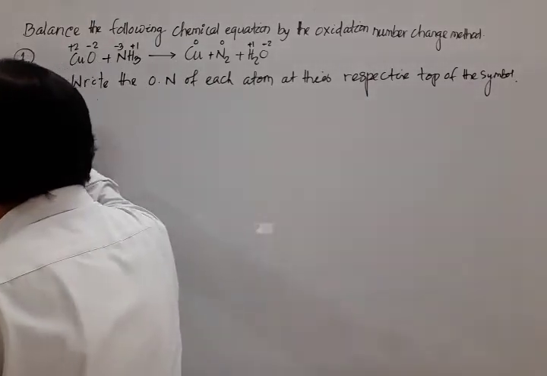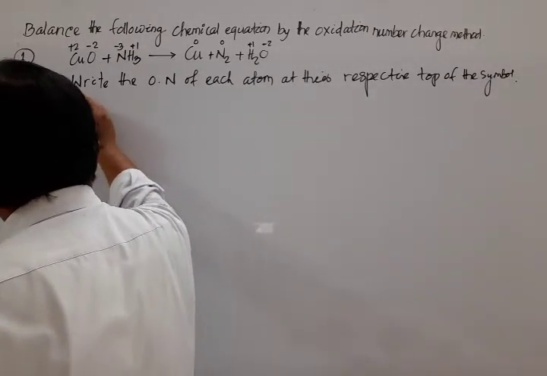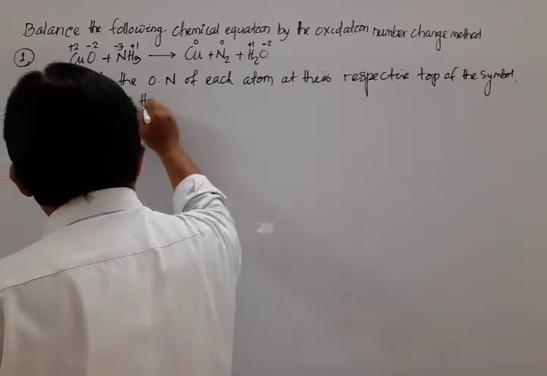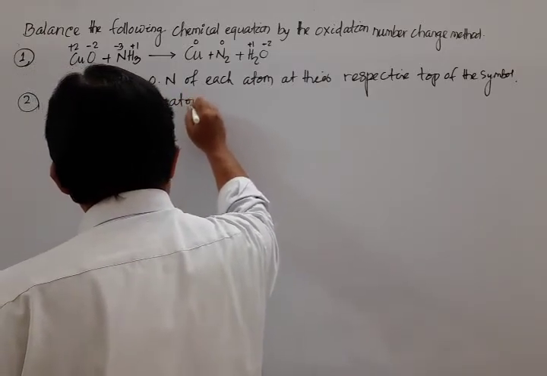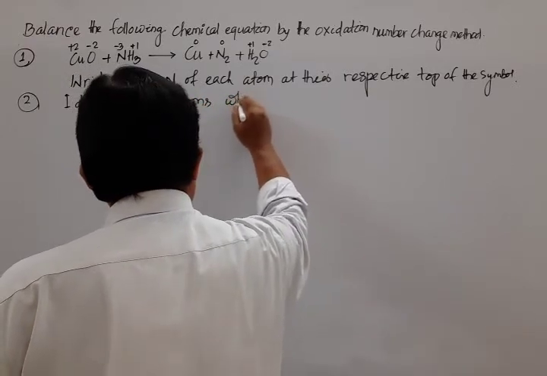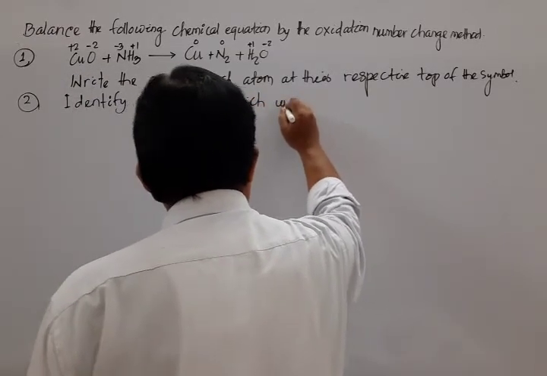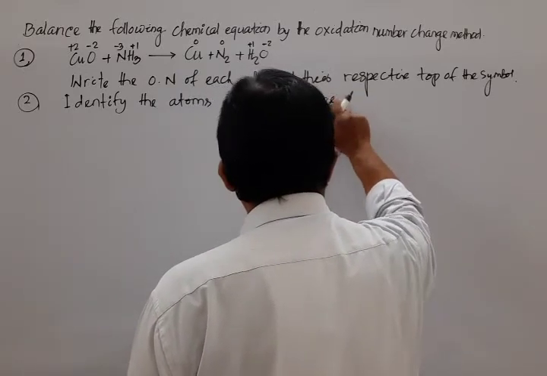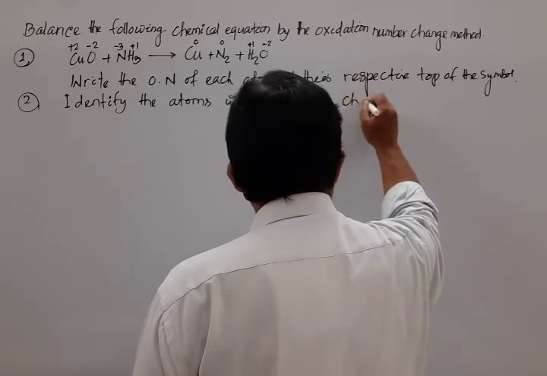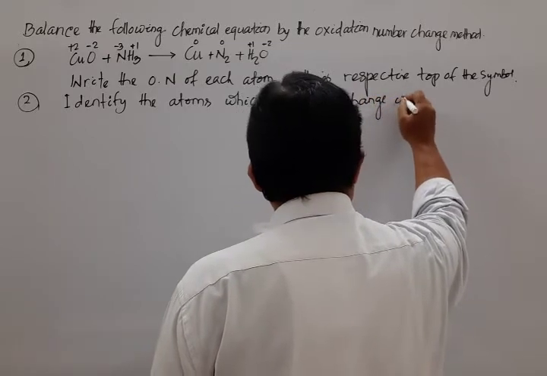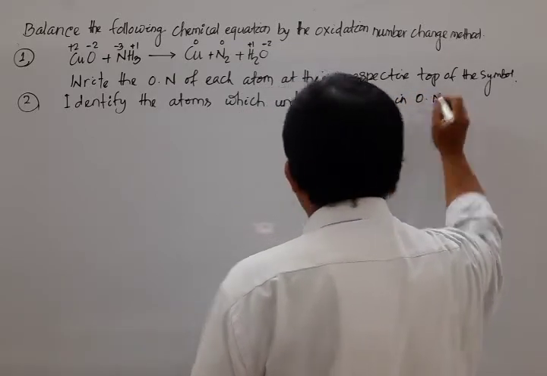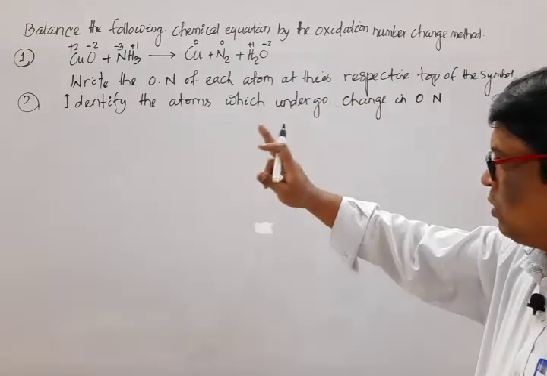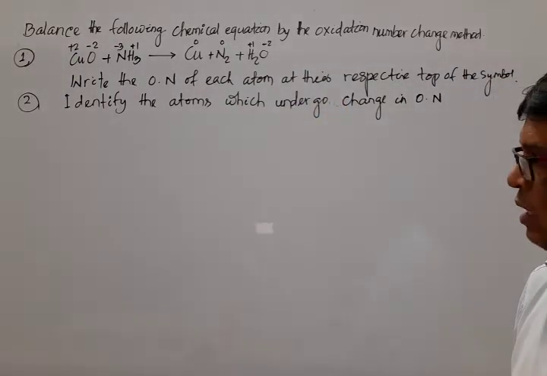Point 2: identify the atoms which undergo change in oxidation number. From this it is clear that hydrogen and oxygen have no change in oxidation number.